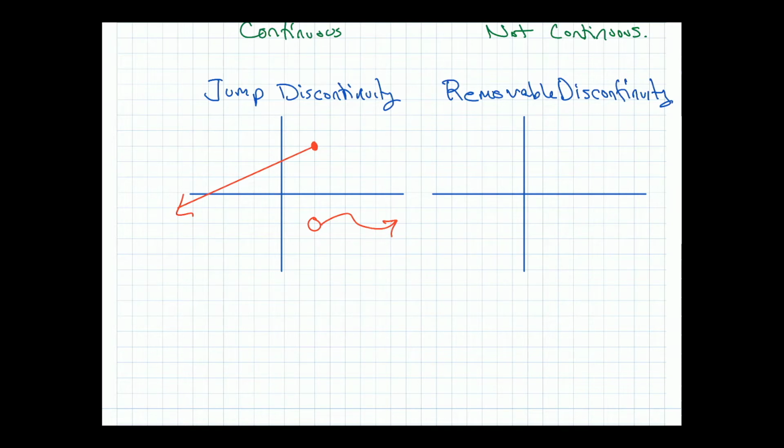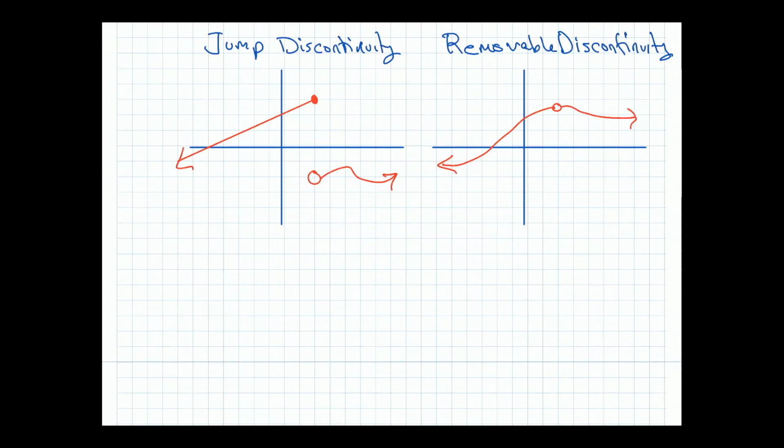A removable discontinuity is a discontinuity where there's just a hole in the graph, and that's it. They should make sense. The jump discontinuity should make sense for sure, right? Like you could see the jump.